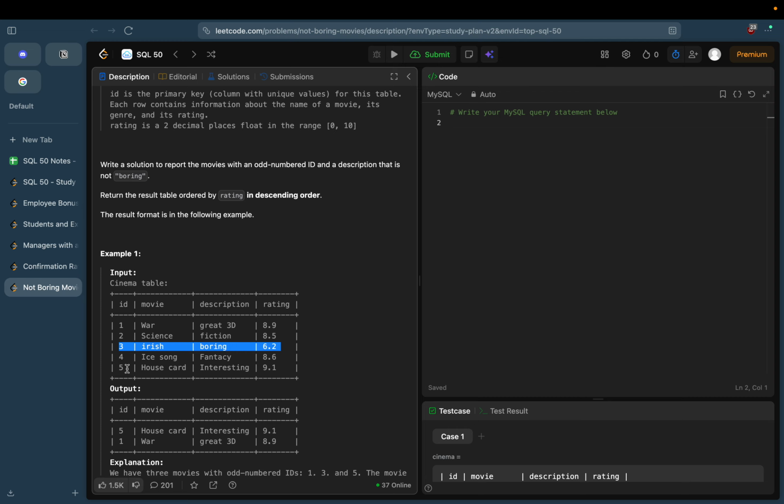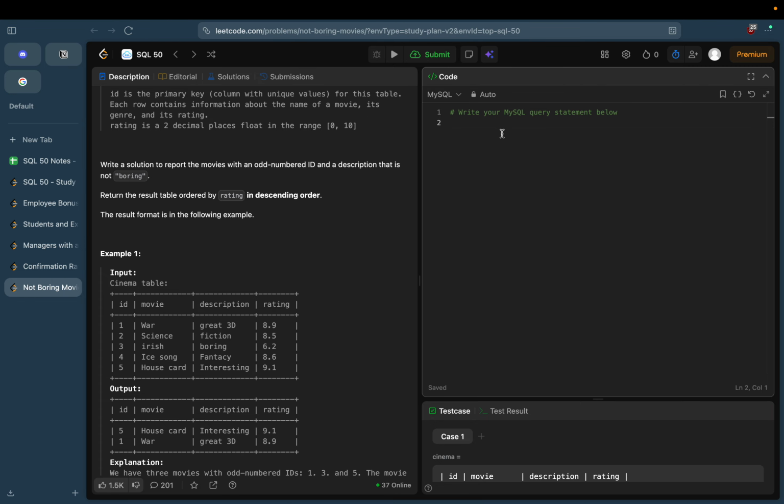So war, Irish and house card are the only ones to be considered. We have to completely disregard science and ice song. Then we check for these three whether the description is boring or not. So Irish is a boring movie. We are discarding this as well. The only results we want are war, because this is odd, and house card. And among them, we are ordering them by a descending order of rating. Hence, house card comes first and war comes second, and we are selecting all the columns.